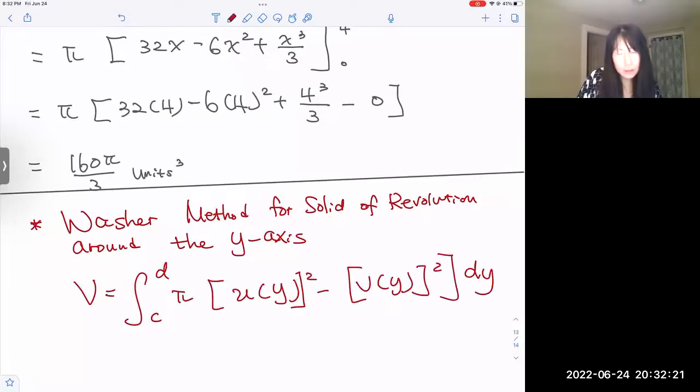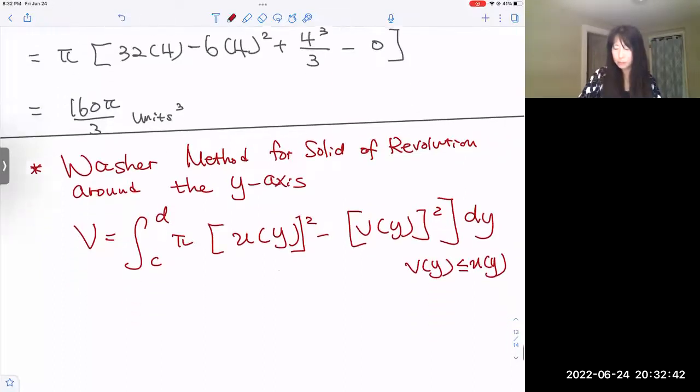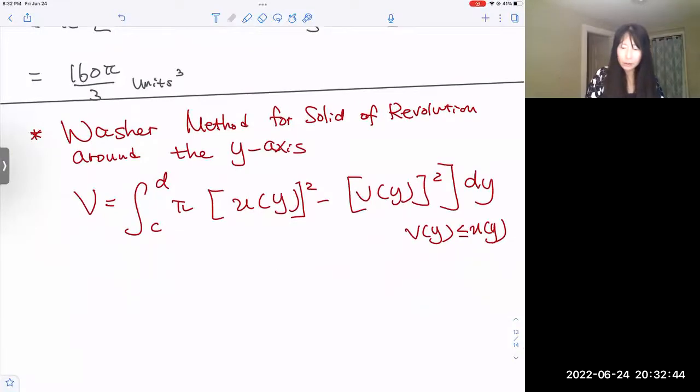Like the earlier one, top minus bottom, this one is right minus left, like area between curves. So in this case, the inner is less than the outer as functions of y.